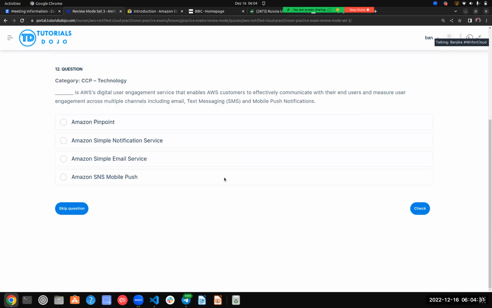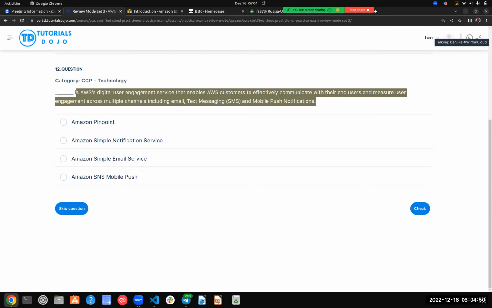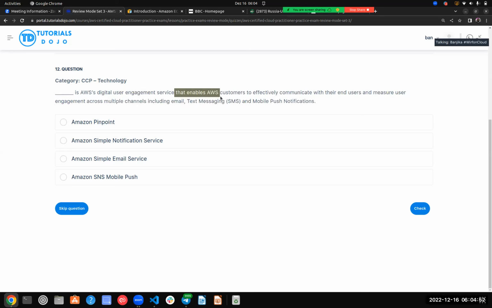This for you, Silas. The two of you now. This is an AWS digital user engagement service that enables AWS customers to effectively communicate with their end users and measure user engagement across multiple channels, including email, text, SMS, and mobile push notifications. A service that enables customers to effectively communicate with their end users, as well as measure user engagement across multiple channels.